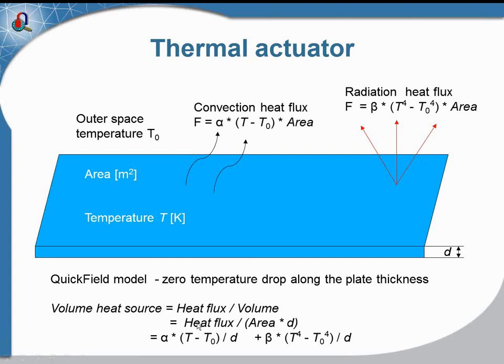Volume heat source is heat flux divided by the volume, and if we substitute the heat flux with the convection heat flux and the radiation heat flux, we will get the equation to calculate the volume heat source.